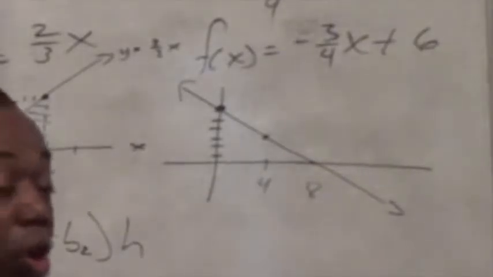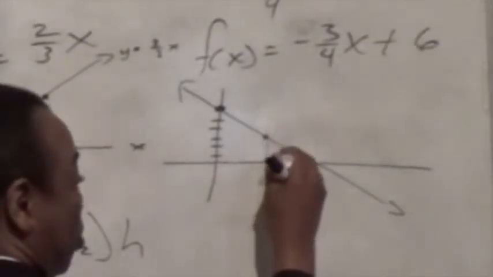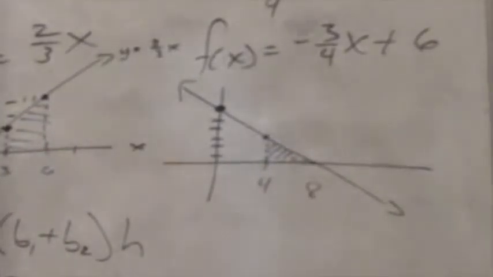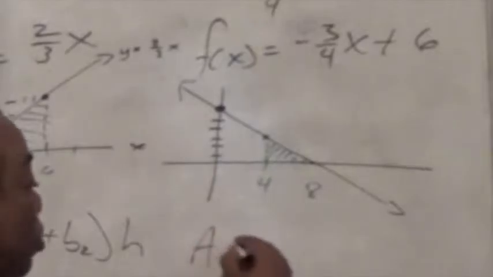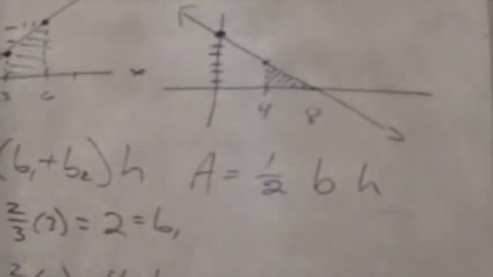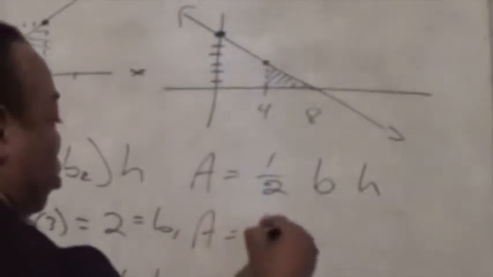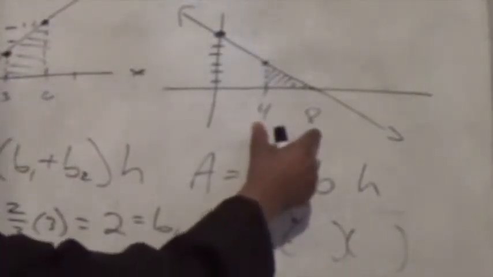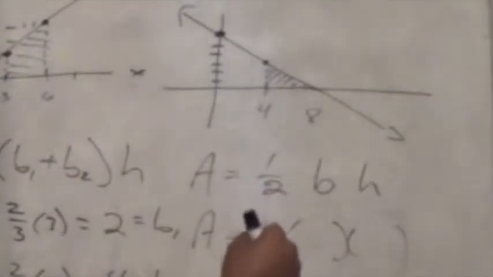This creates a triangle, and the area formula for triangles is 1/2 base times height. The base of this triangle is from 4 to 8, which means it's 4.